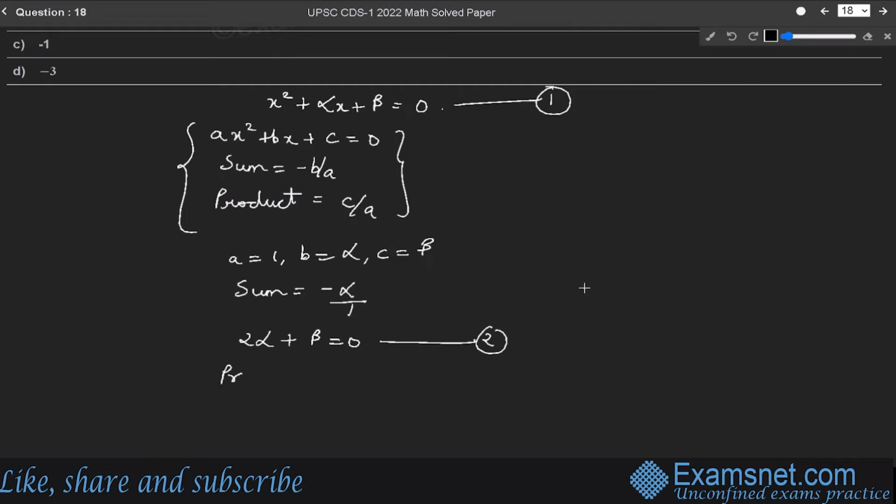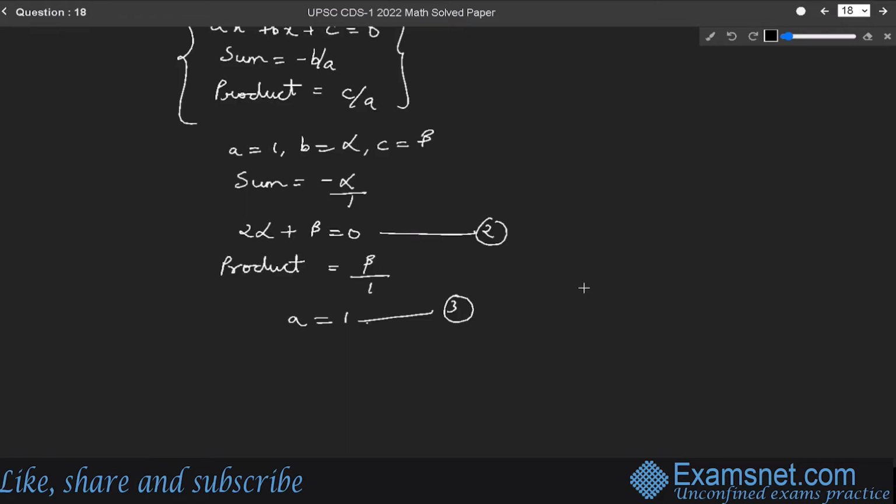Now, product of roots will be alpha into beta, which will be c upon a, which will be beta upon 1. So we can say that alpha will be 1. Let this be equation number 3. Now from equation 2 and 3, we can say that beta is equal to minus 2. Let this be equation number 4.